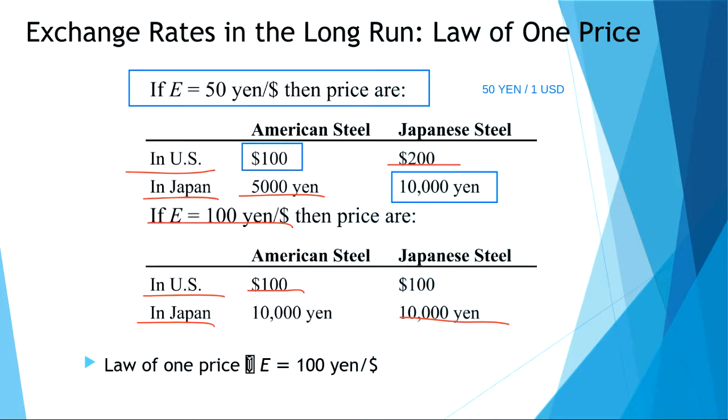If something happened and the Japanese steel is increased to, let's say, 20,000 yen, because of the inflation in Japan, let's exaggerate it, double it, right? Double to 20,000 yen. So if it is the case, then this law of one price says that the exchange rate should change accordingly.